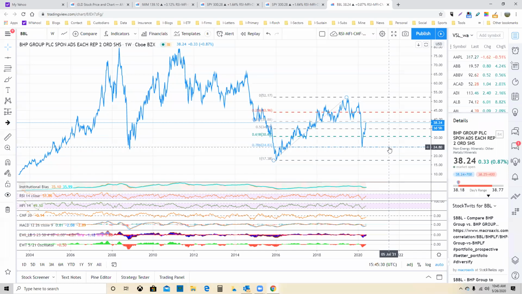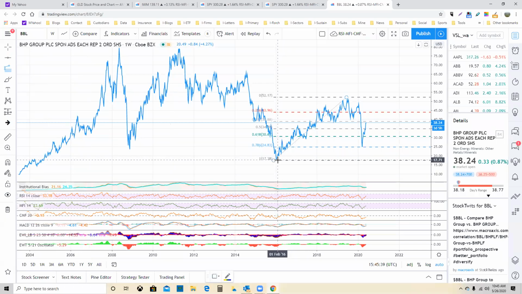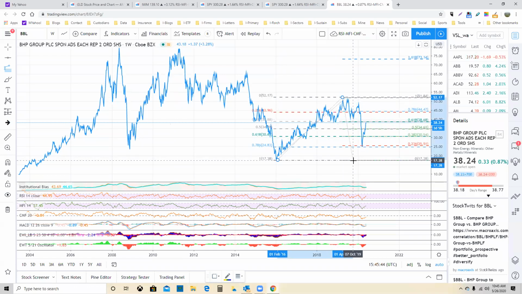At around $25 a share, I think that's where I'd probably look at BHP. We can do the extension as well. Yeah, around $25 a share. It's probably where you have some big buying opportunities.